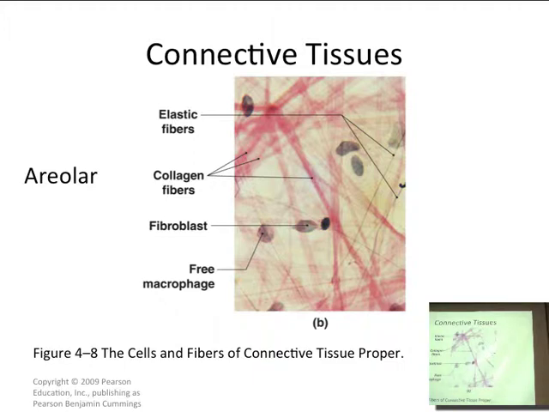Say you were to make a big macroscopic three-dimensional model of that stuff. What would that be good for? Yeah, it's pretty elastic stuff. It's strong in a two-dimensional plane. It's very strong in a two-dimensional plane. It's got elastic fibers. It's got collagen fibers. Pretty strong stuff.